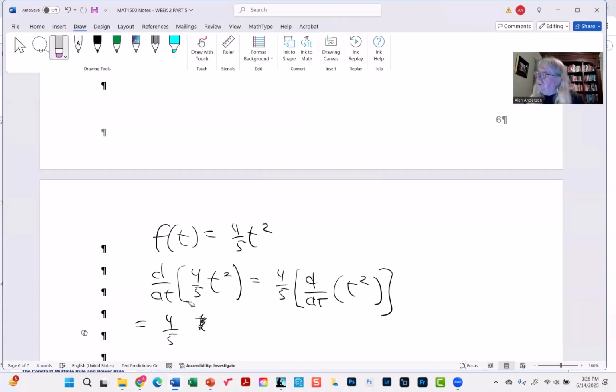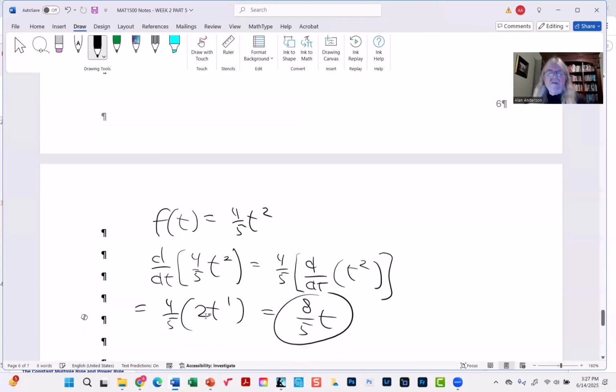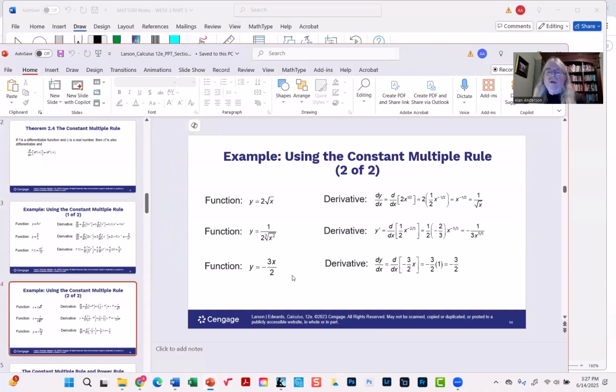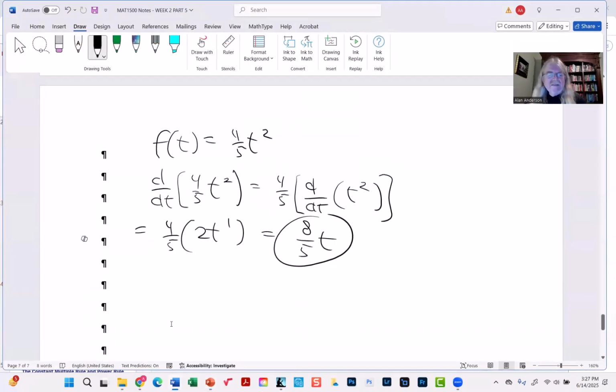The derivative of t squared by itself, based on the power rule, is 2t to the first power. So we'll ultimately end up with 8/5 t. Oh, and there's more.